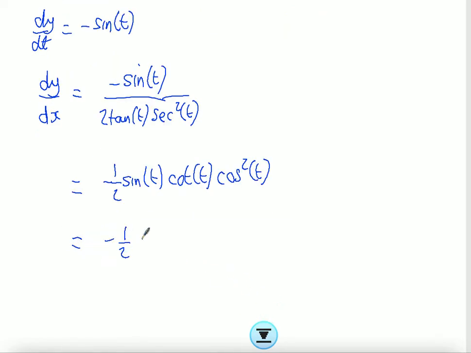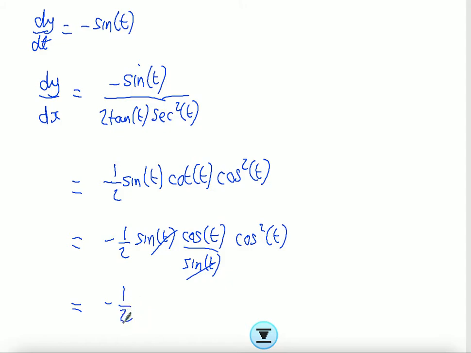So negative a half sine t, cot is cos t over sine t, cos squared, and then the sines will cancel each other out, and that will finally leave us with negative 1/2 cos cubed t. So just showing you that we can actually simplify this expression so we end up with just one trig term. It's a little bit nicer.